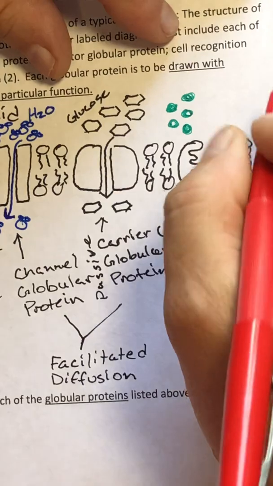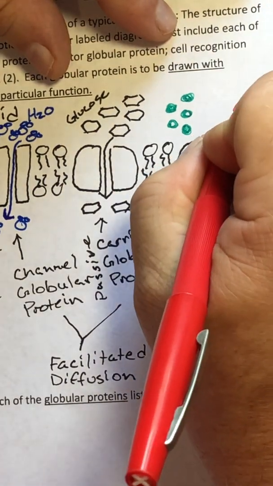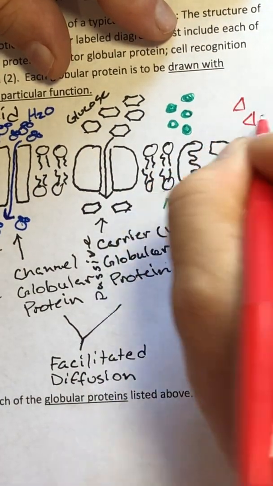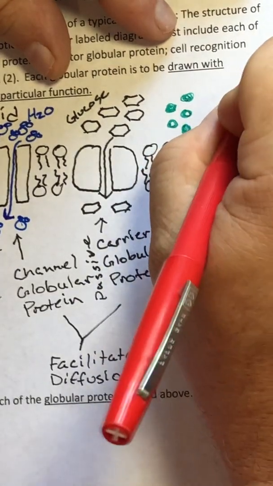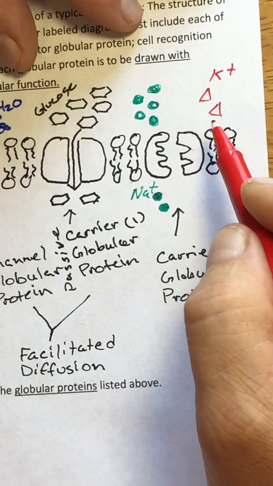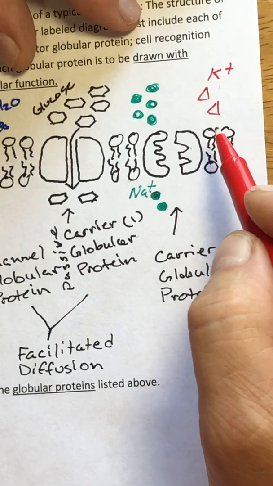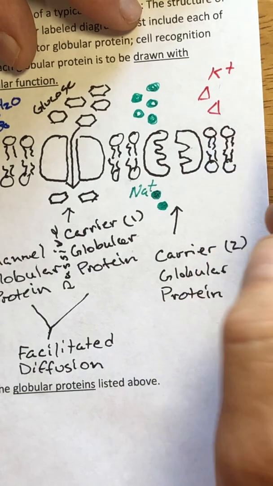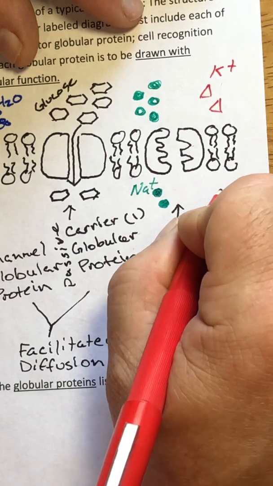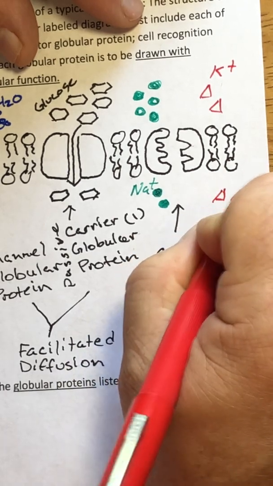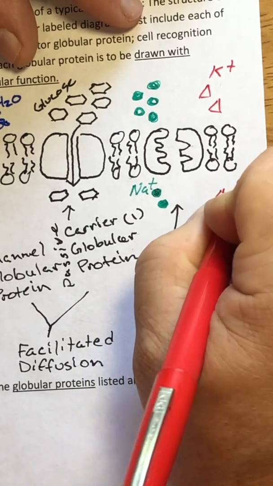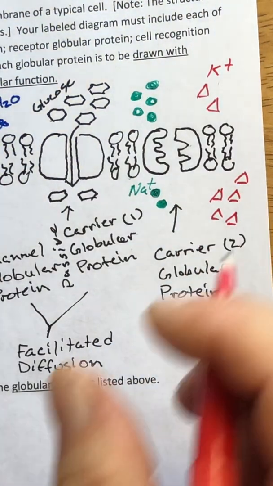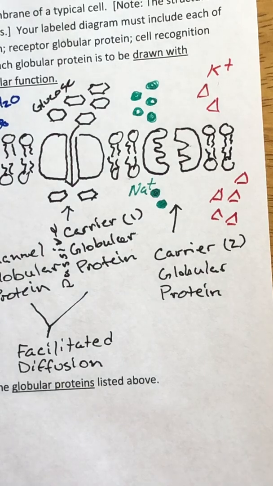And so we'll use basically a triangle to represent the potassium ion. And so outside in the extracellular fluid, we have a lower concentration of the potassium ions, and inside the cell, we have a higher concentration of potassium. And this is part of what they call the sodium-potassium pump.